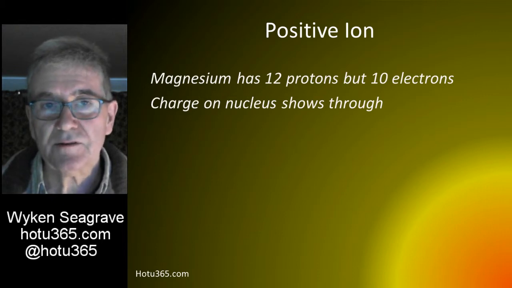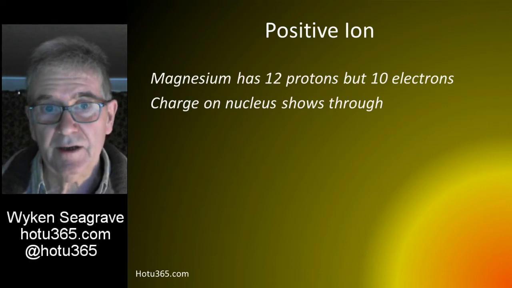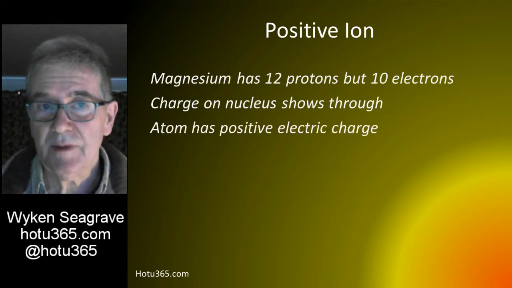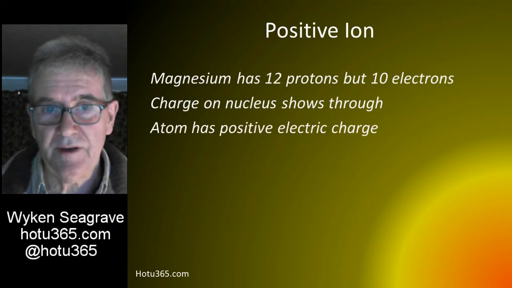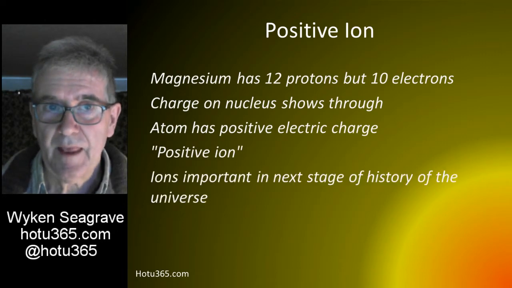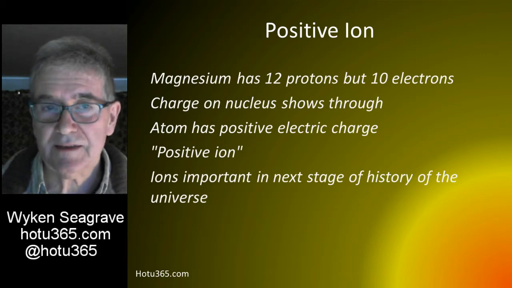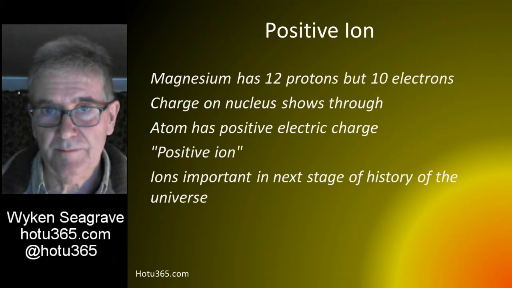So the 2 extra protons, you can see their charge from the outside of the atom. The atom, therefore, has a positive electric charge. It's called a positive ion. And ions are going to be very important in the next stage in our story.